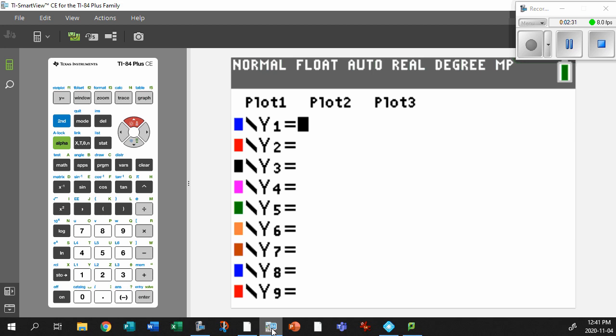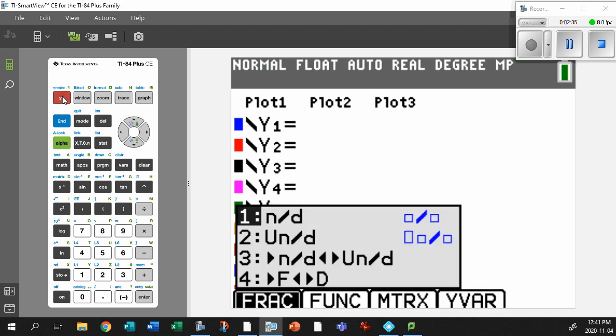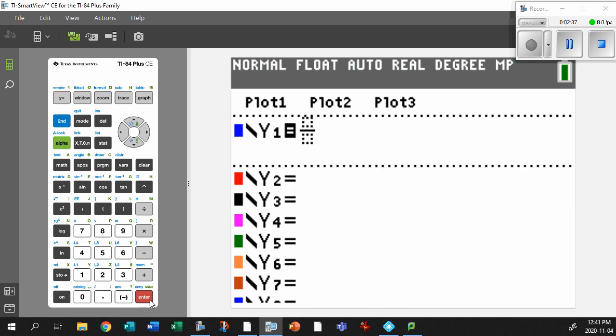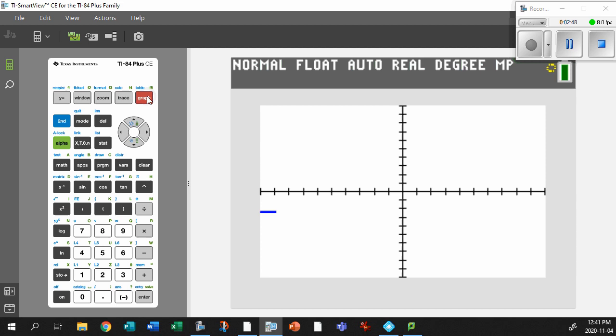You're going to put it in as a fraction, so hit alpha F1, hit your fraction button, throw it in there as 3 over x plus 1, right? Mouse it over, subtract 2, and you're just going to graph it. And lo and behold, look what happens. Right there, you can actually see it.